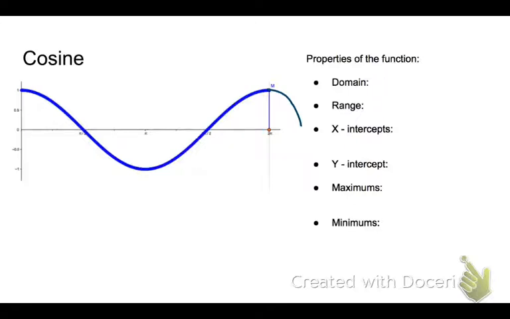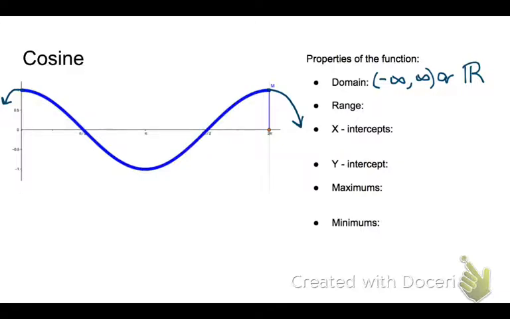So the domain keeps going and going all the way to the right and would keep going to the left. So the domain of this function, all of the possible x values, are all real numbers or from negative infinity to positive infinity. Remember, we write all real numbers with the two bar lines and the R.